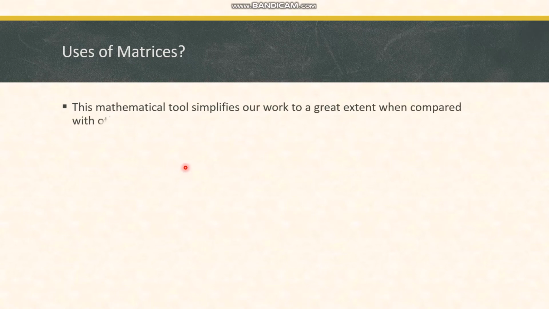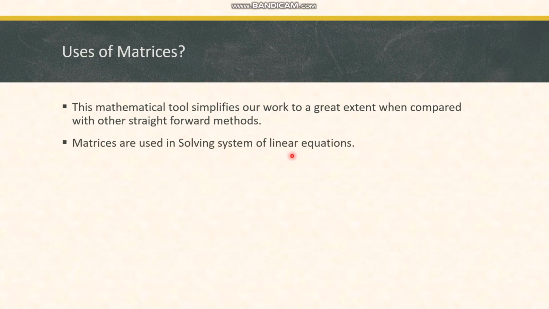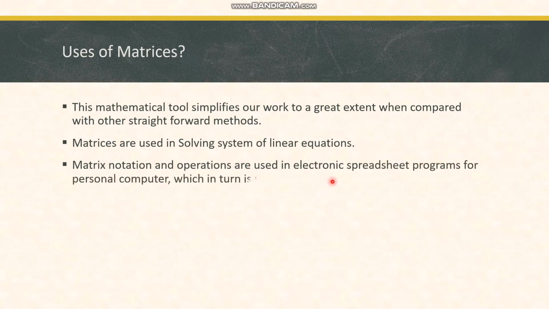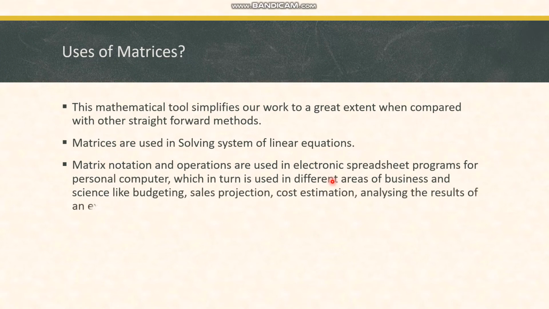Next is uses of matrices. So how useful is a matrix for us? The matrix tool simplifies our work to a great extent. It makes our calculation very easy, and it's easier than straightforward methods. It is used in solving systems of linear equations. Matrix notation and operations are used in electronic spreadsheet programs for personal computers, which in turn are used in areas of business and science like budgeting, sales projection, cost estimation, analyzing the result of an experiment, and other things.